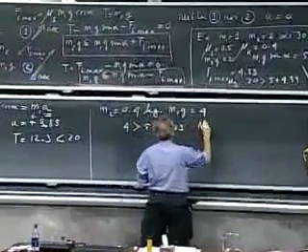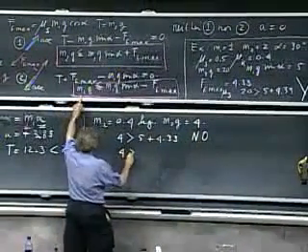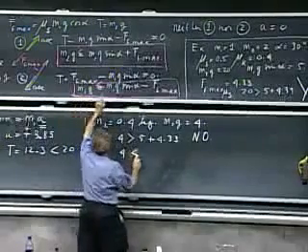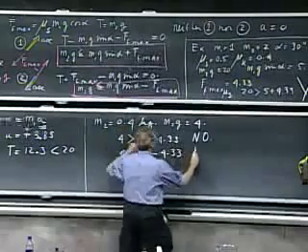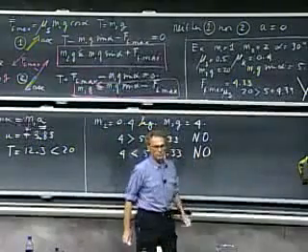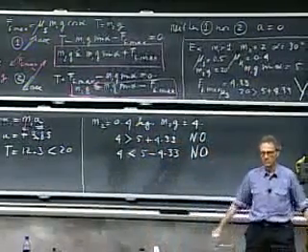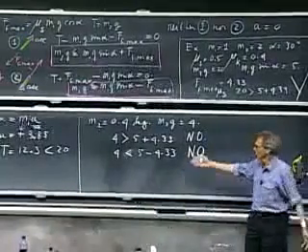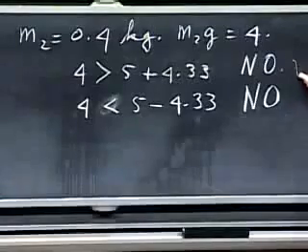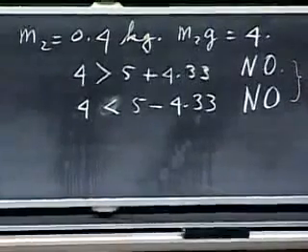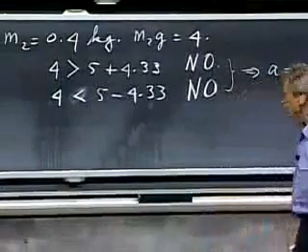The answer is no. I'm going to test for my second case. Is M2G smaller than 5 minus 4.33? The answer is no. So what do we conclude? What must be our conclusion? Condition 1 is not met, condition 2 is not met. Conclusion is A is 0. The object will not be accelerated.